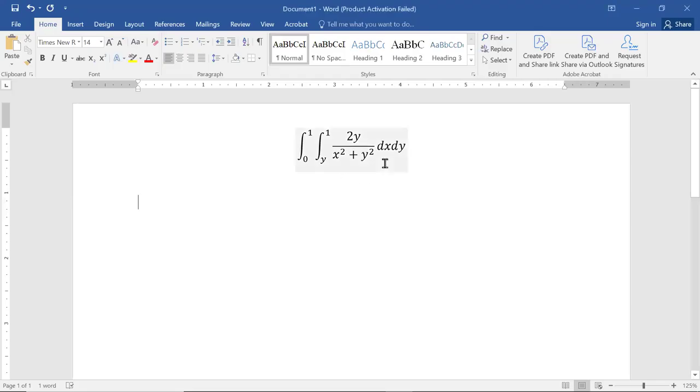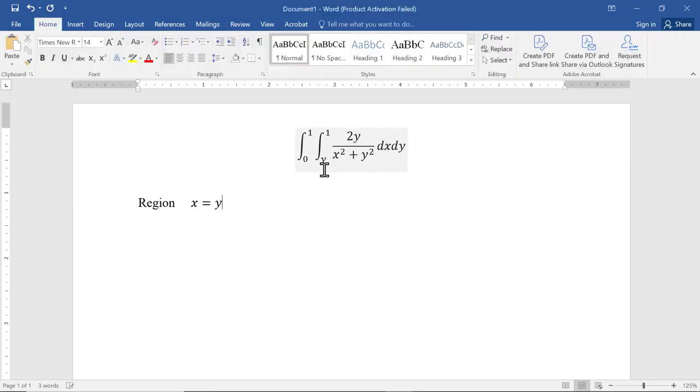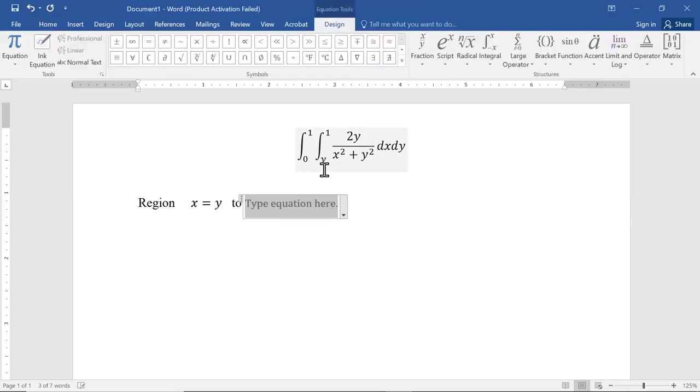Now, before I start drawing this, the region is going to go from, well, the x value is going to be between x equals y to x equals 1.